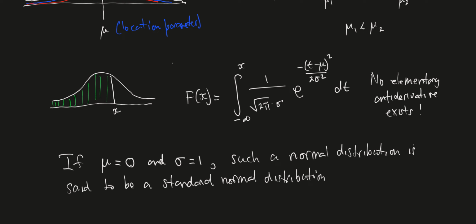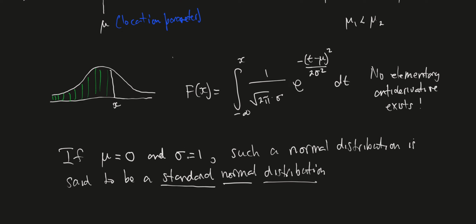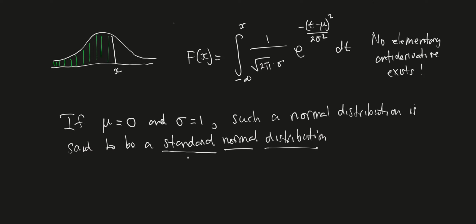So if your mean happens to be 0 and your standard deviation happens to be 1, then it simplifies things a little bit. It's such a special thing that we refer to it as being standard, and we no longer use the generic variable x. We now reserve and use the variable z.